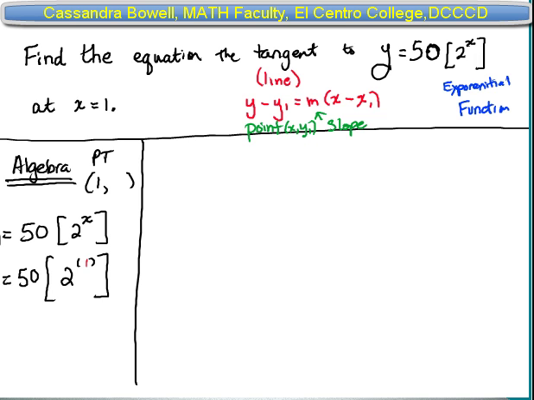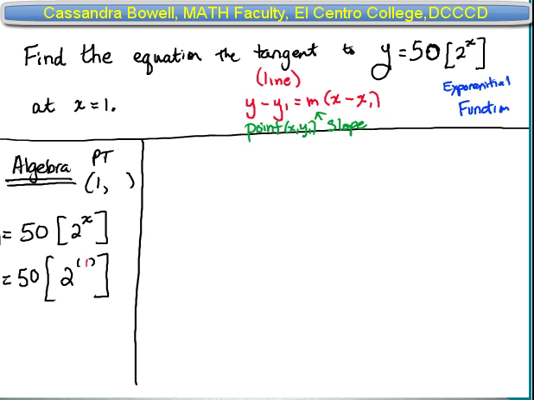Now this is the same thing here. Because of the rules of order of operations, I have to raise the 2 to the first power first, and then multiply that by 50. You know, the good old parentheses, exponents, multiplication, division, addition, subtraction that you may have learned before in a math class.